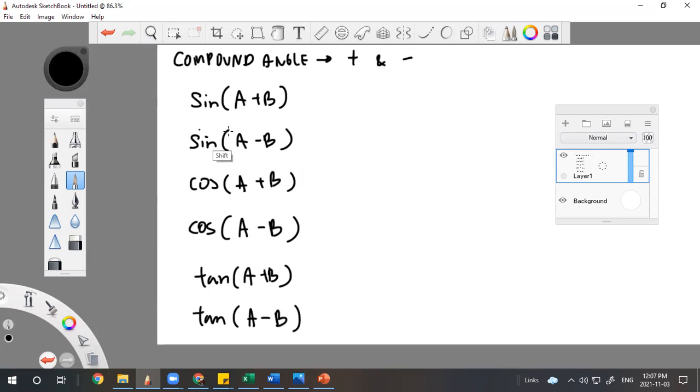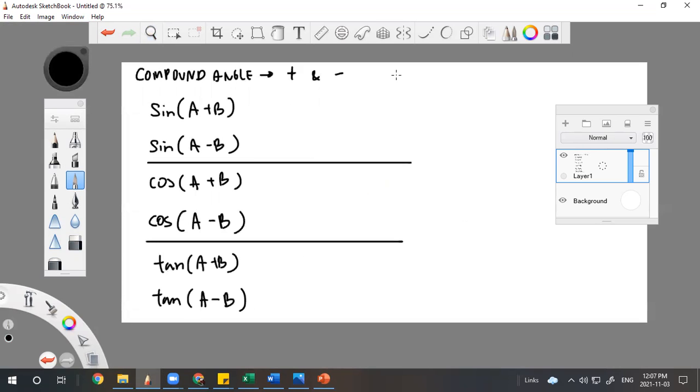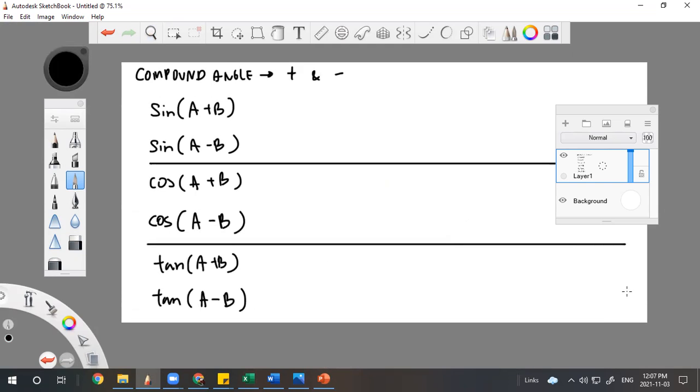So again, I want to separate these two. Why? Because it can be combined into a single expression. For sine, we know that sine is the generous sign, so it has to be sine cos plus sine cos.